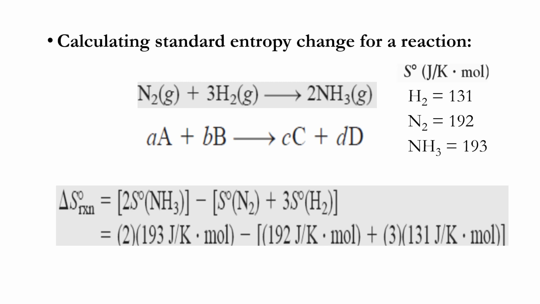Between the two, only hydrogen has coefficient 3. So you will first multiply the standard entropy of hydrogen, which is 131 from our table, by 3 before you add that to the entropy of nitrogen, which is 192.